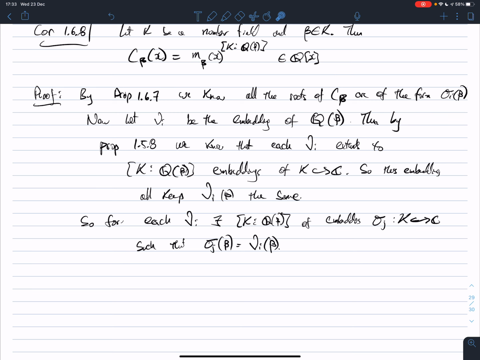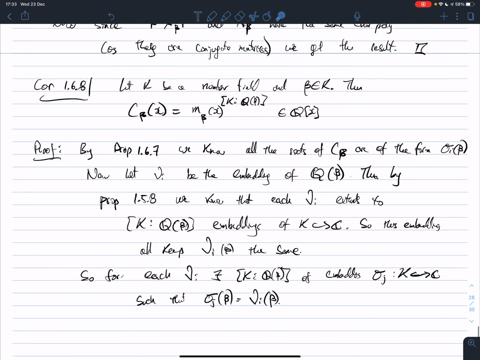So I'm just saying that a lot of this is a product over all the different embeddings of beta. This is x minus the product of all the different embeddings of beta. I'm saying that a lot of those sigma i's just do the same thing to beta. They all act exactly the same.